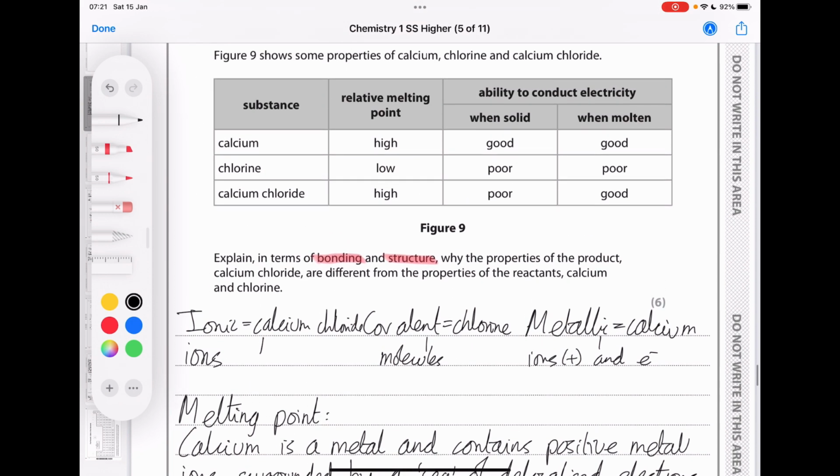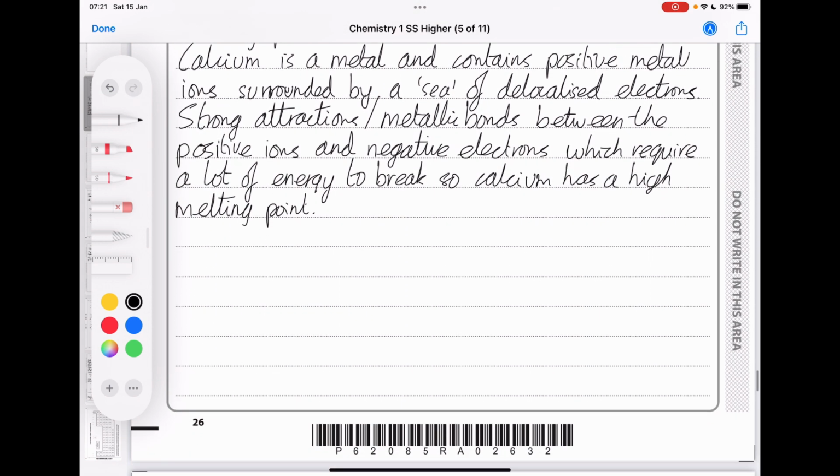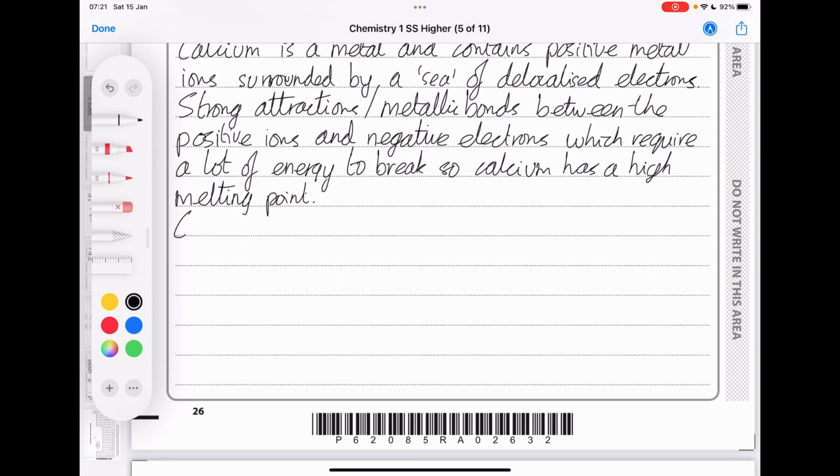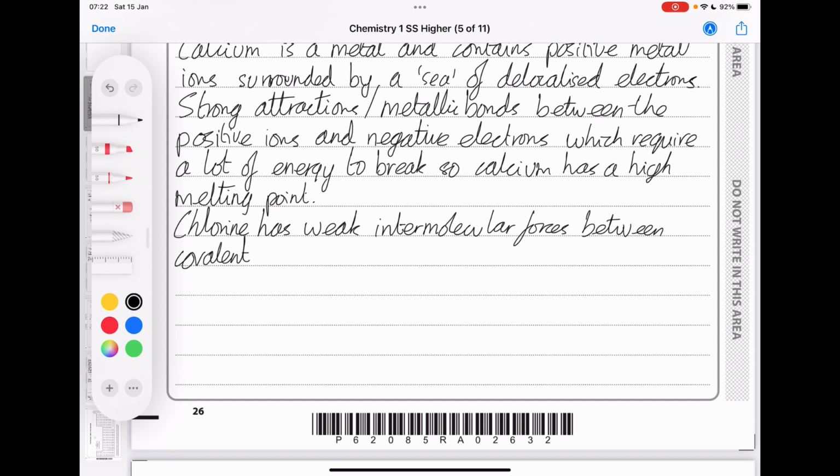Okay, next. Chlorine has a low melting point. So we should say chlorine has weak intermolecular forces between covalent molecules, because we know chlorine as a halogen is diatomic, it goes around in pairs of Cl2s.